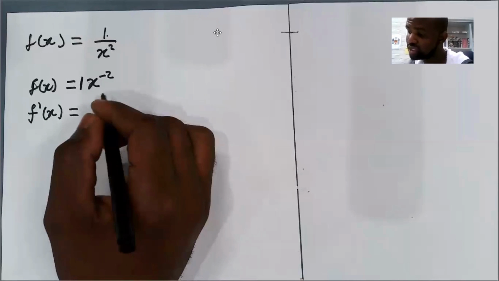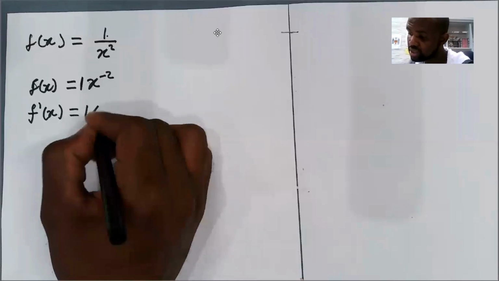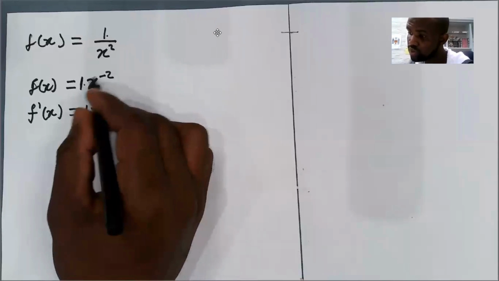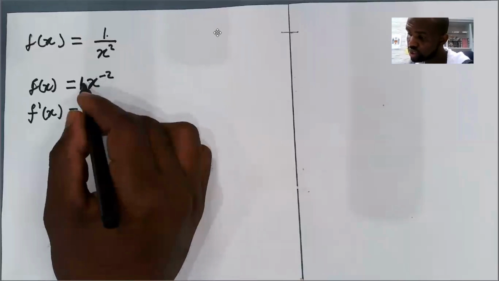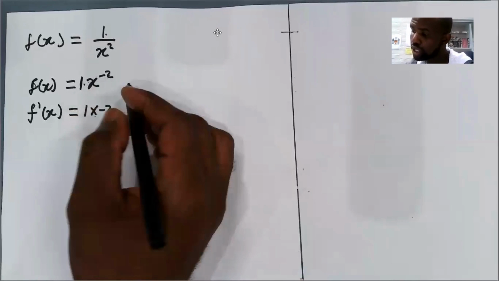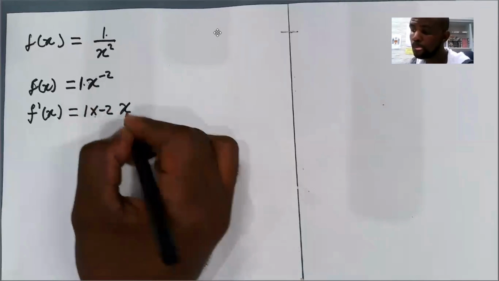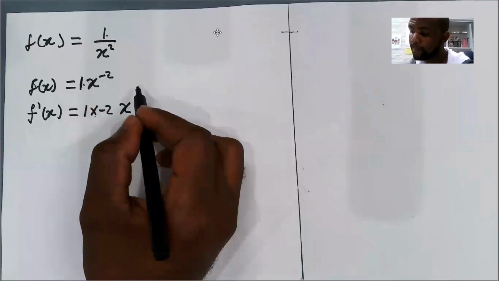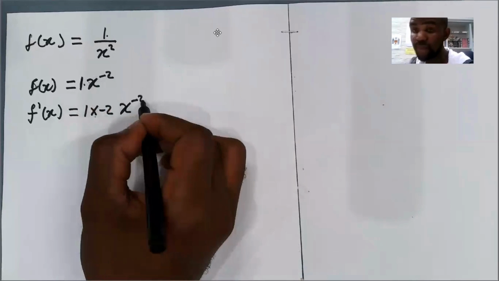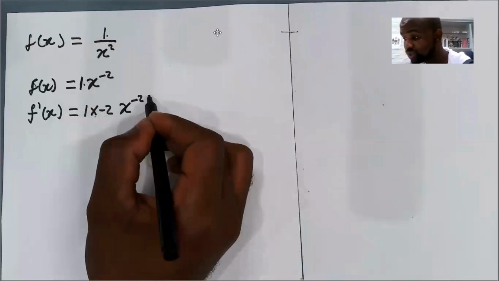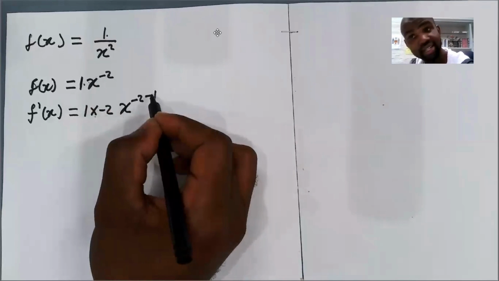It's in the power rule. It's saying 1 times this exponent, negative 2, times this coefficient, 2, so it's just going to be negative 2, and then we bring back our x, and then negative 2 minus 1. We always minus by 1.